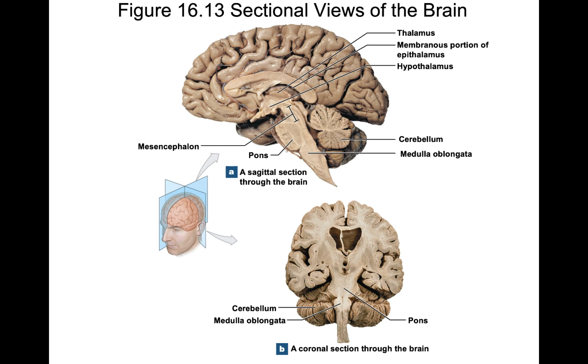So diencephalon has 3 subdivisions: thalamus, hypothalamus, and epithalamus. On this picture, you can see the cerebellum, medulla oblongata, pons, midbrain, and then there are some spaces. These spaces are known as ventricles. We're going to talk about this in upcoming slides.